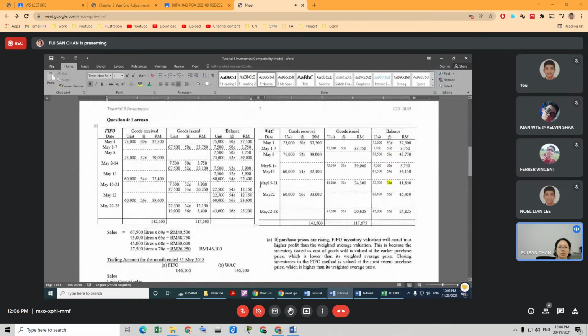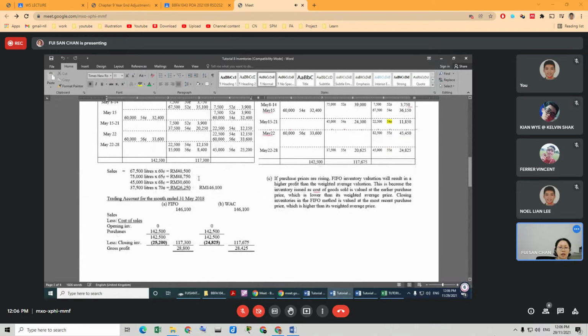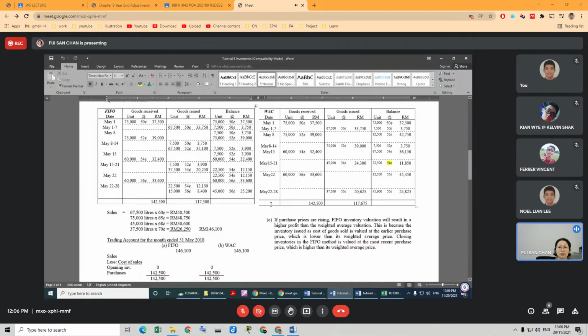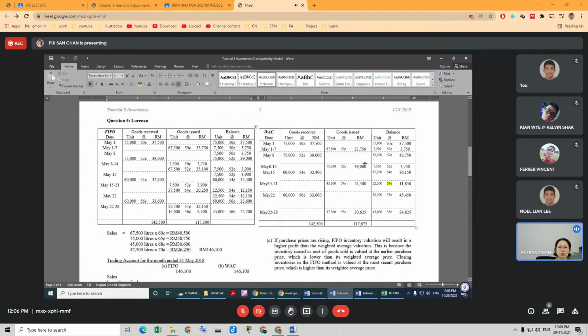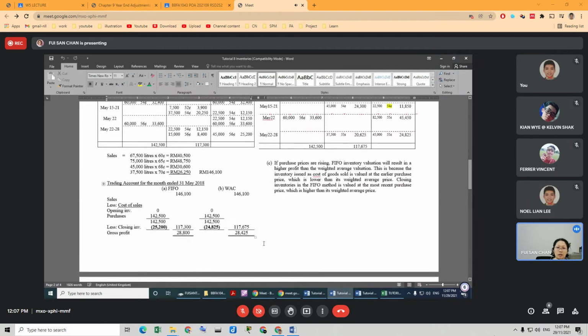This is what we did just now, right? And how you calculate your total sales: here you put your selling price, but in this stock card, please put the cost. Remember, please put at cost, don't put the selling price. Selling price is for you to calculate your total sales.